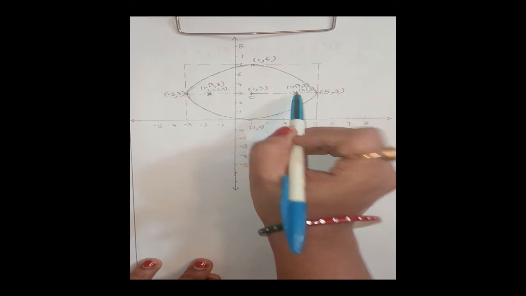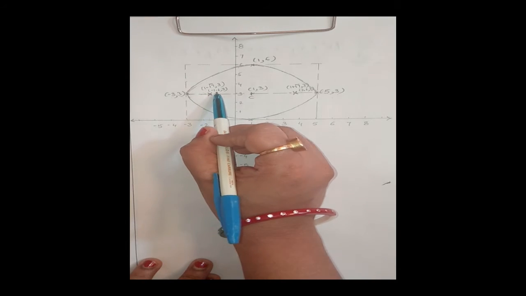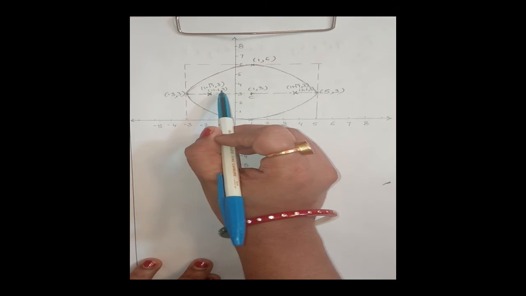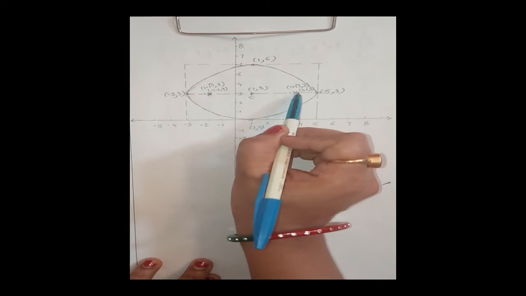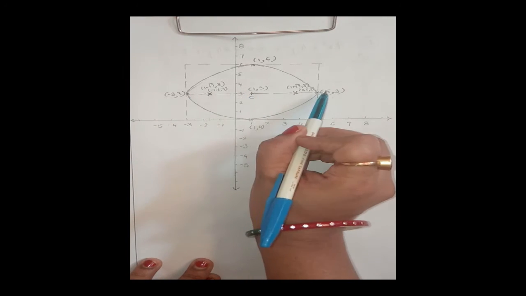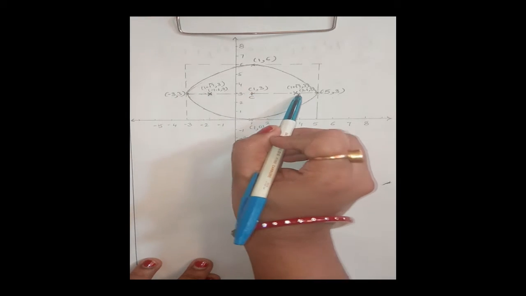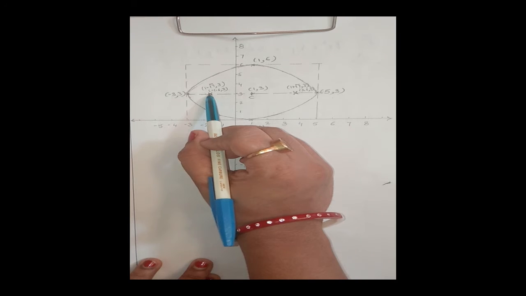This is one focus, and here also 1 minus root 7, that is 1 minus 2.6, that is minus 1.6, 3. These two are the foci. Clear? a units to the right, a units to the left of the center, and c units to the right, c units to the left of the center.